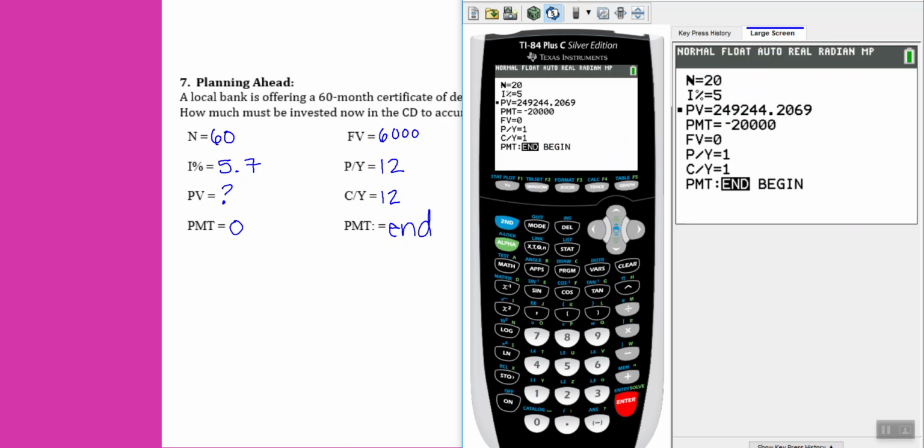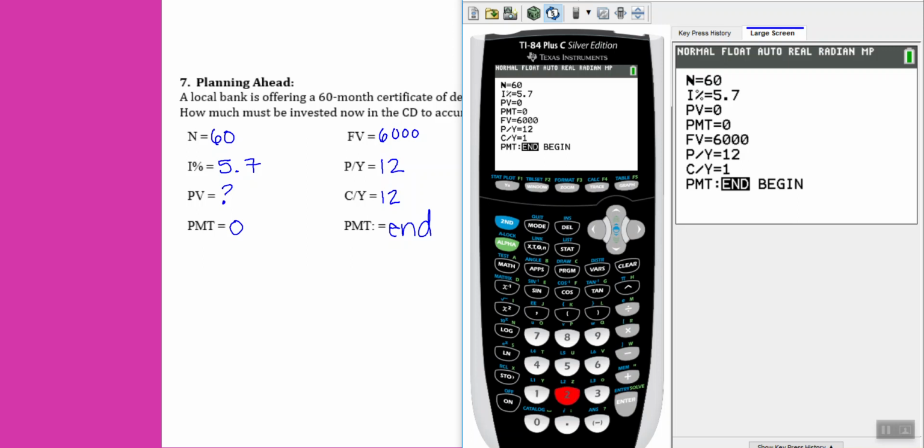So back to our app. It's in there for 60 months. We're going to get 5.7% every month. We don't know how much we want to put in. We're not making any payments, but we want to have $6,000 at the end. And these will be 12.